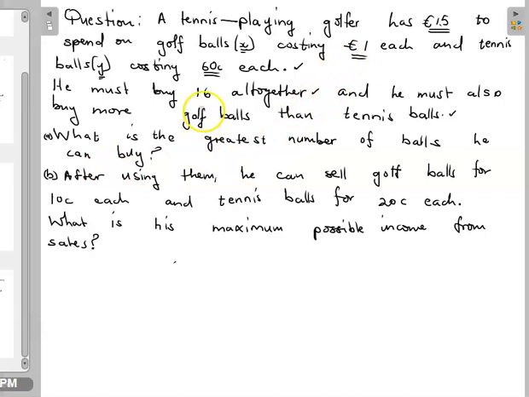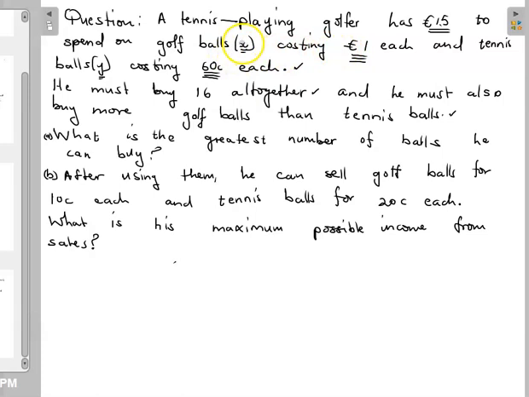Now, this is in euros and this is in cents. Personally, I prefer to put everything in cents, because you create a sensible sentence if everything is in the same units. So I will treat €1 as 100 cents.